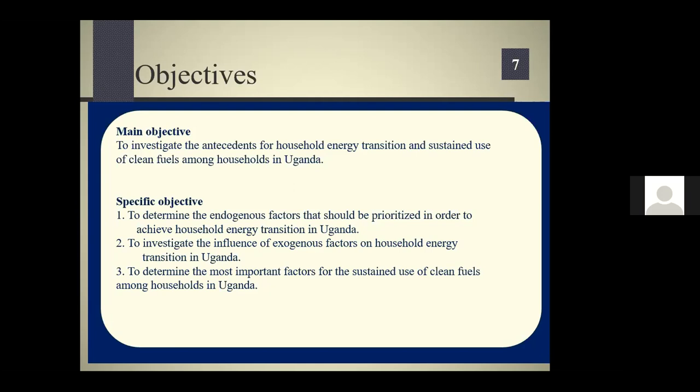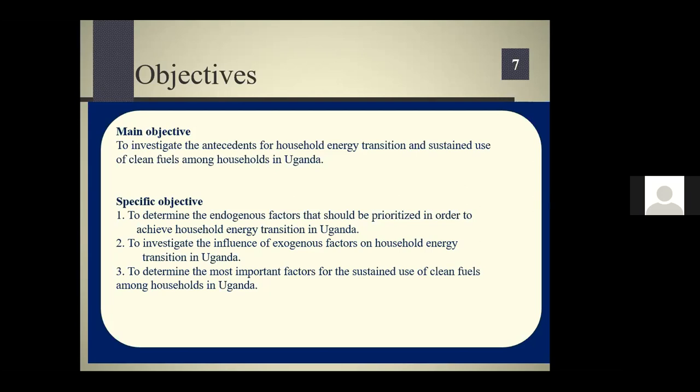Because of that, the main objective, or the purpose, is to investigate the antecedents, the factors for household energy transition and sustained use of clean fuels among households in Uganda.